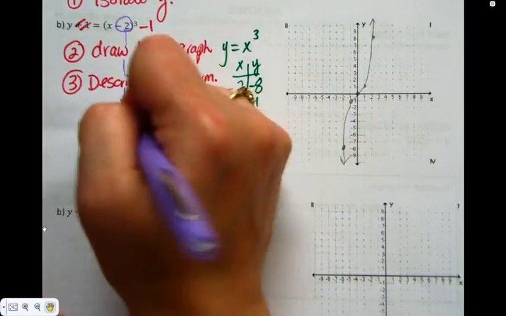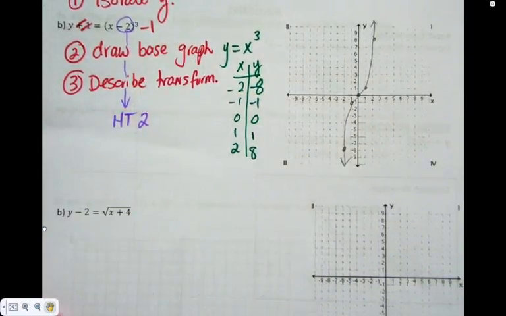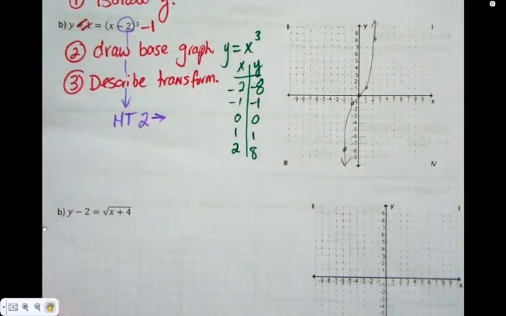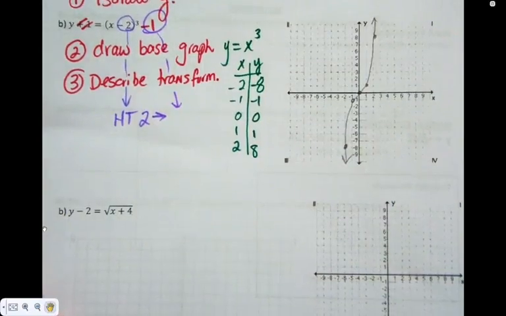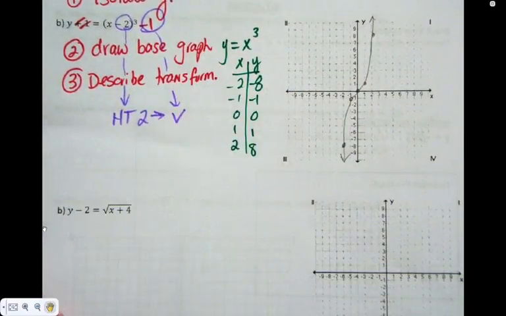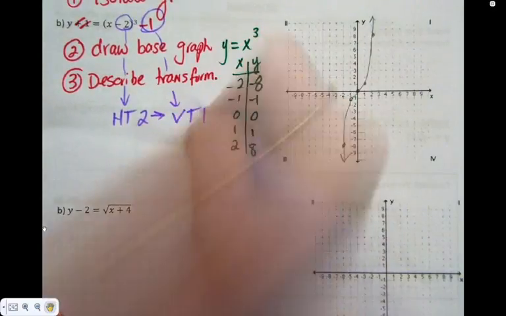It's a subtraction, so that's a translation. It is 2 units to the right. That is describing the transformation. It's a horizontal translation, 2 units to the right. Grabbing our -1, it is outside brackets, so that is a vertical. It is an addition or subtraction, which means it's a translation, and it is 1 unit down.